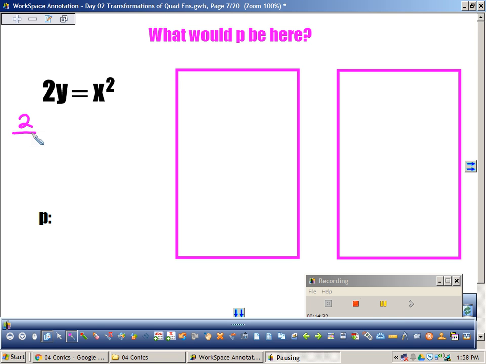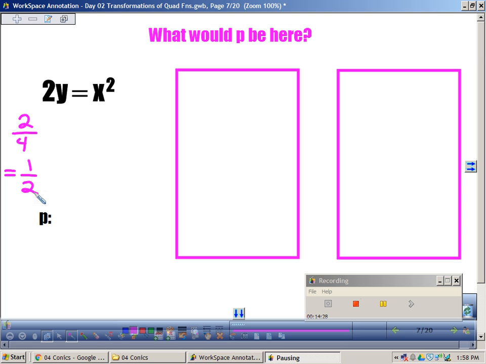So you took 2 and you divided it by 4, which equals 1/2. Did anybody do it a different way? See, that's why we're going to talk about it in a different way, because not everybody understands that we're dividing by 4. Allison?